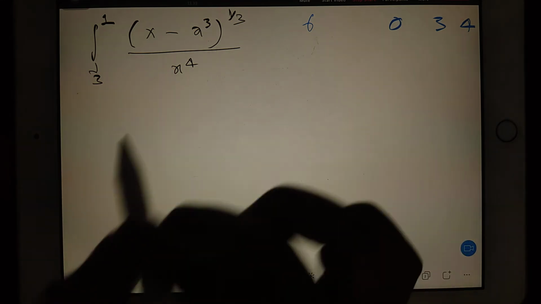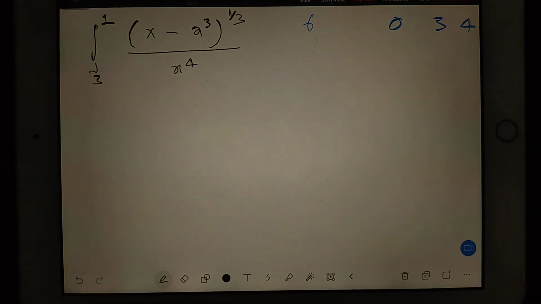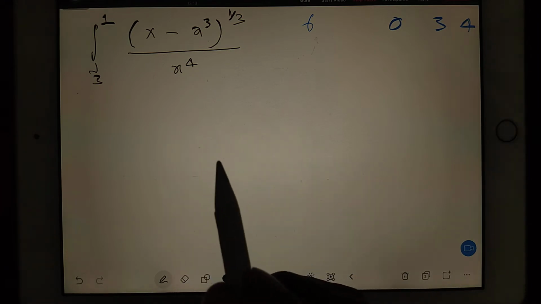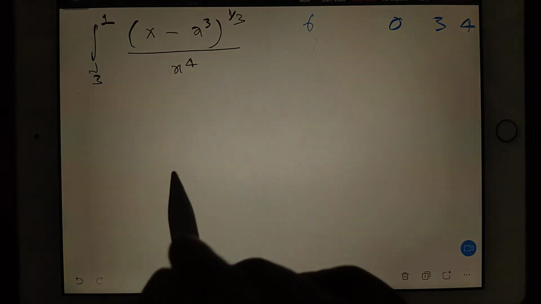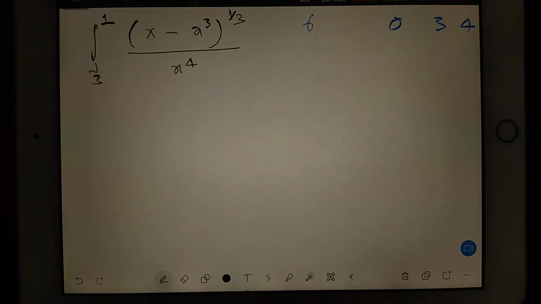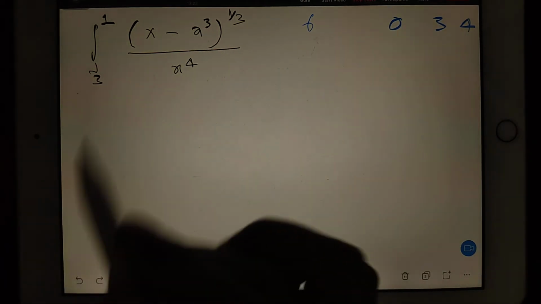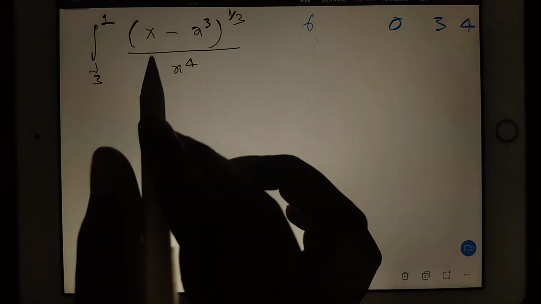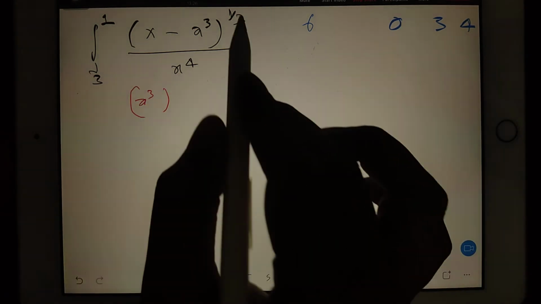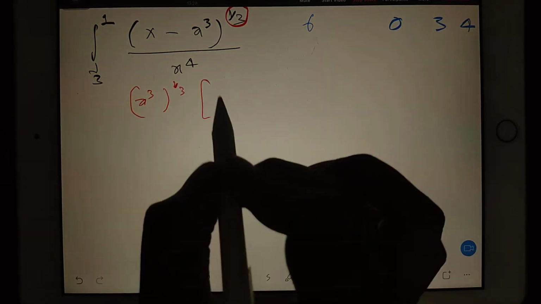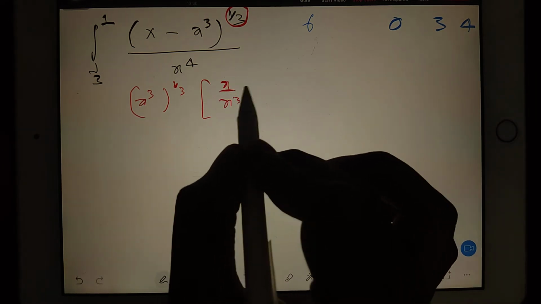Actually this is a tricky question, and if you take x cube common, then you can easily crack this question, otherwise it will be a difficult problem. So you take x cube common from here. So if I take x cube common, it will go like x cube power 1 by 3, bracket close, 1 by x square minus 1.